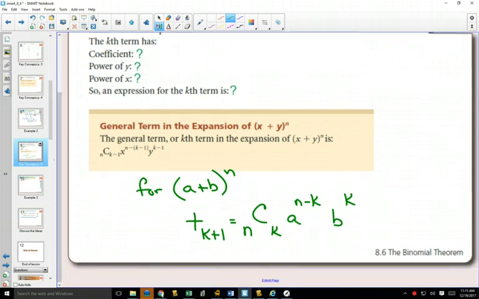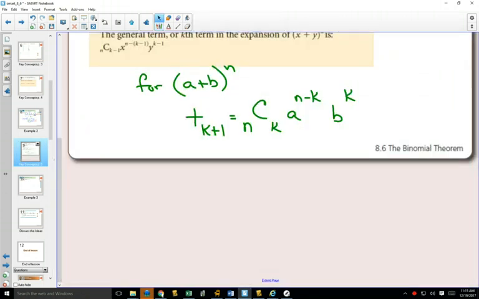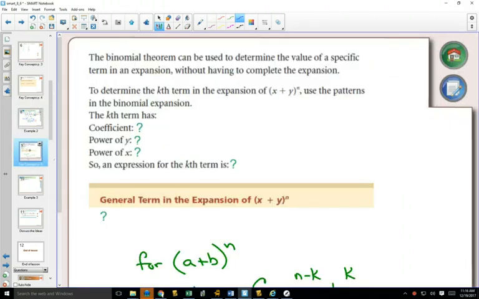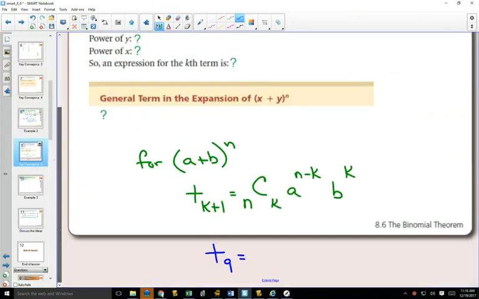So if I was trying to find, like I did in my example before, term 9 in an expansion, let me just rewrite what we were finding before, (3x + 5)^12.